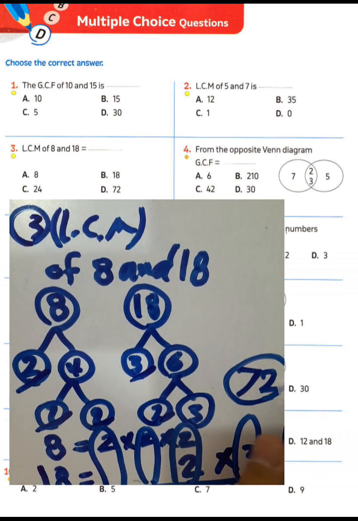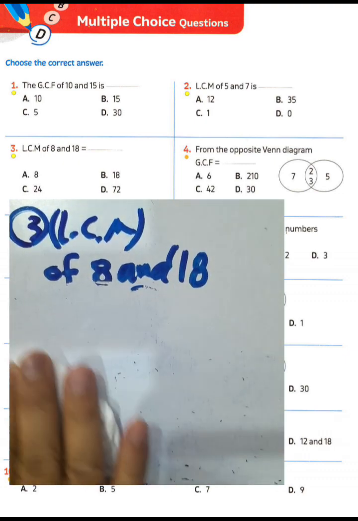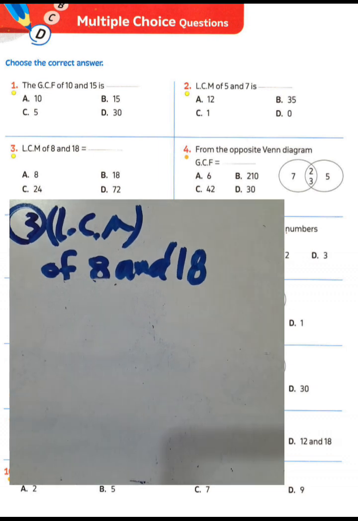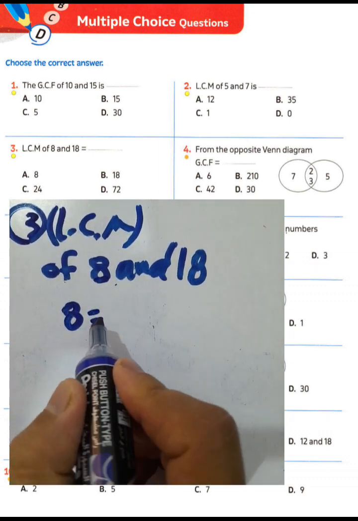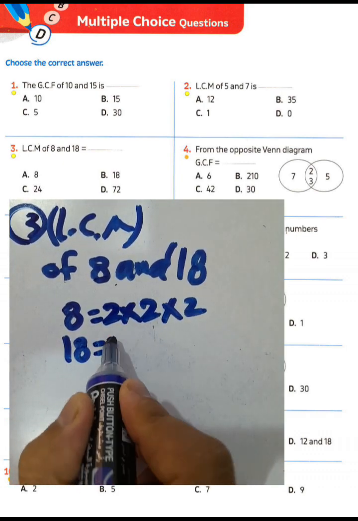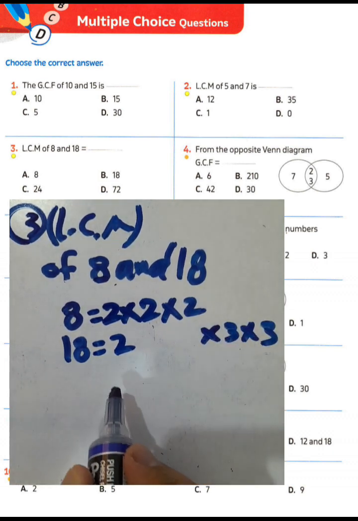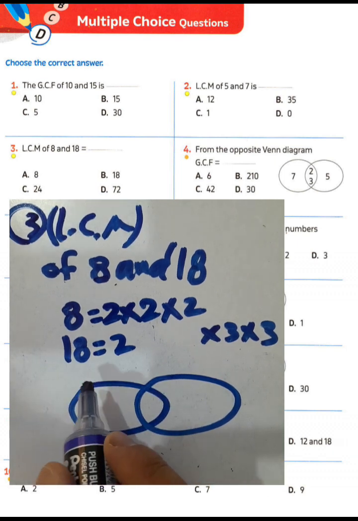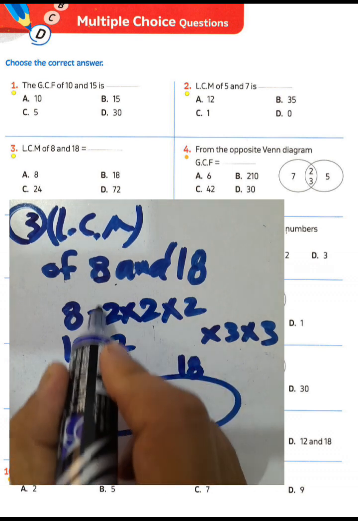Okay, I will solve this example by another method. Look at with me here. You can solve by using this method or use another method. 8 equals 2 multiplication by 2 multiplication by 2, and 18 equals 2 times 9, and 9 equals 3 times 3. We can draw a Venn diagram here. Write the prime factors of 8 here and prime factors of 18 here. The common between them is 2.